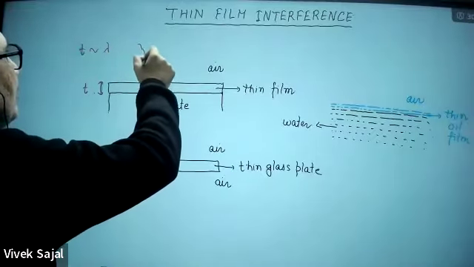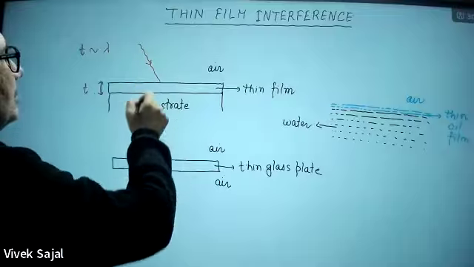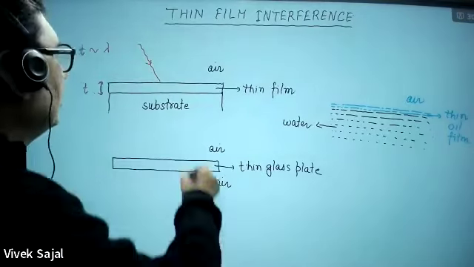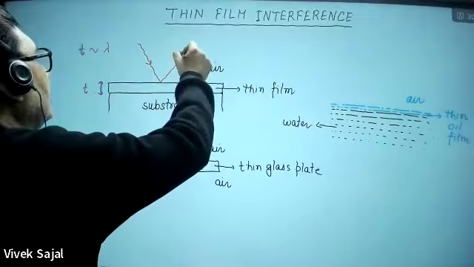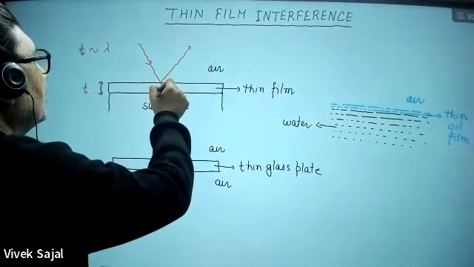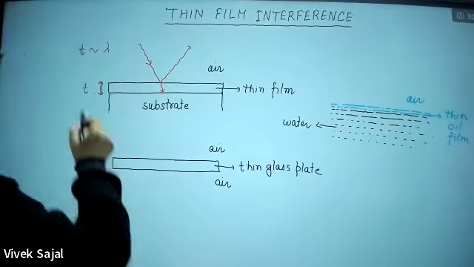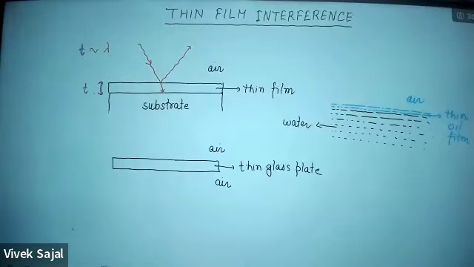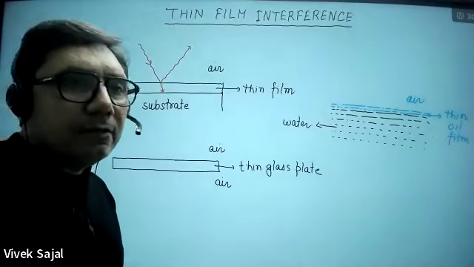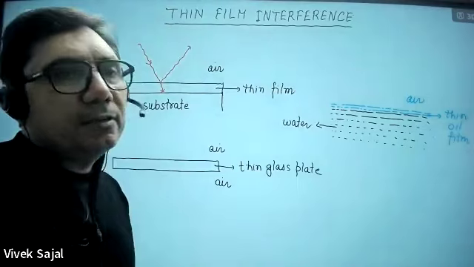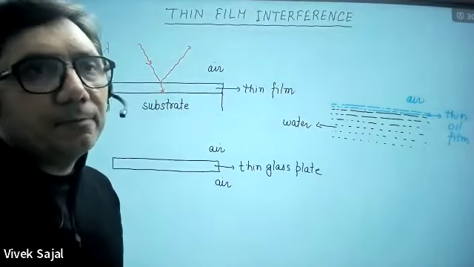Lambda is the wavelength of the light that is incident here. Then we treat that film as a thin film.